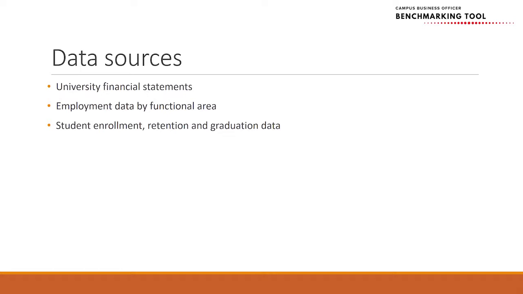So really fairly simple. College or university financial statements are the primary source of data. Most of the information is going to be taken directly off of your financial statements and plugged into the data collection screens in the platform. Because we use annual financial statements, we typically follow that reporting cycle.